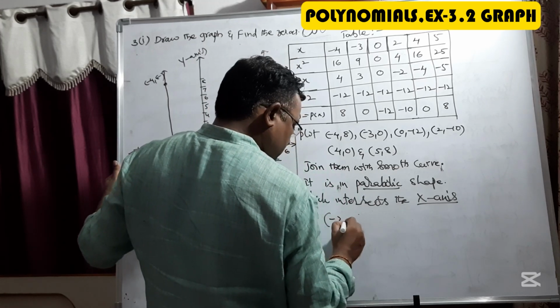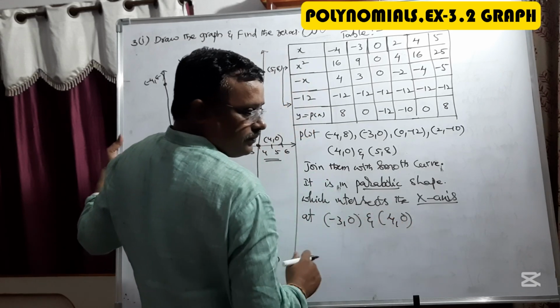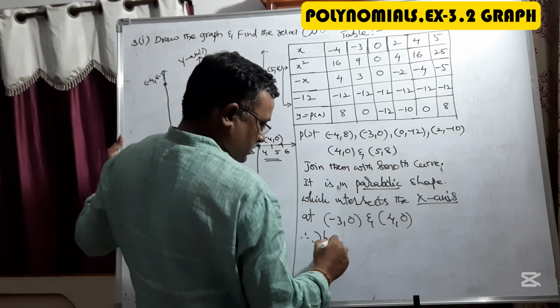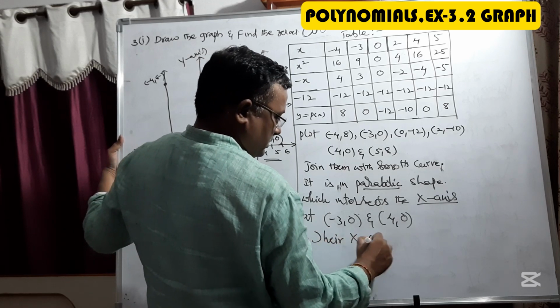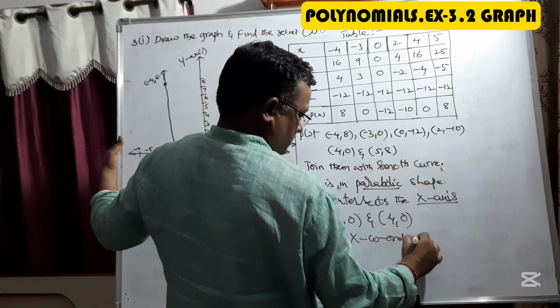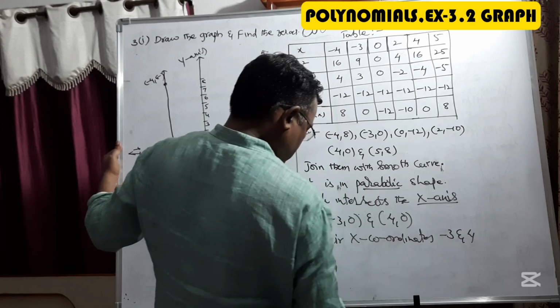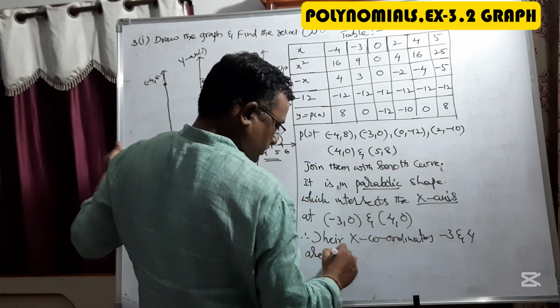Ordered pair (-3, 0) and ordered pair (4, 0). Therefore their x coordinates, -3 and 4, are the zeros.